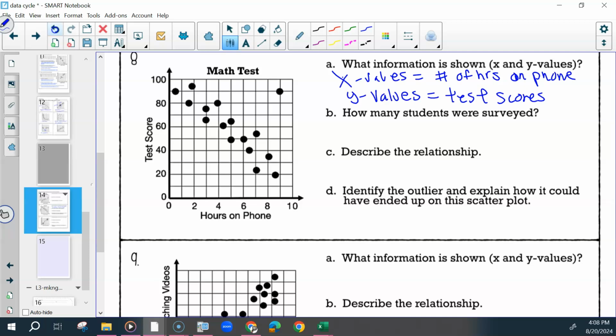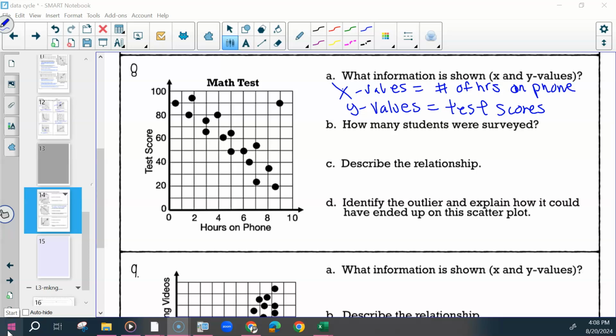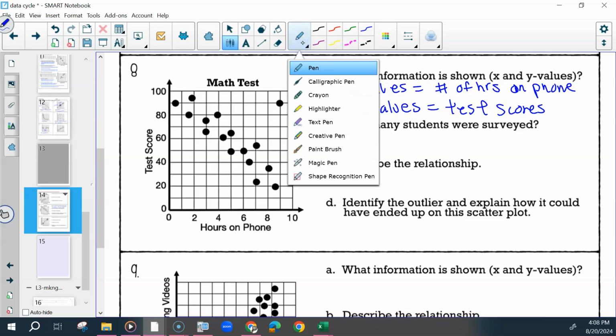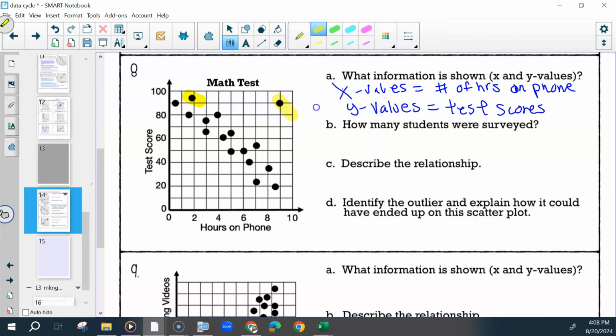Right. And then using that, how many students were surveyed? It looks like we would just count each of the dots. So I could say 1, 2, 3, 4, 5, 6, 7, 8, 9, 10, 11, 12, 13, 14, 15, 16. So there were 16 students surveyed.